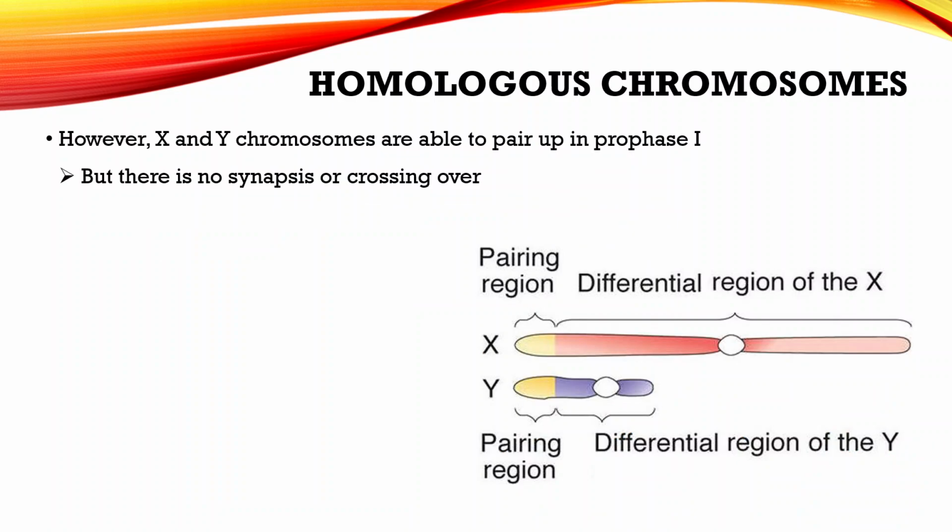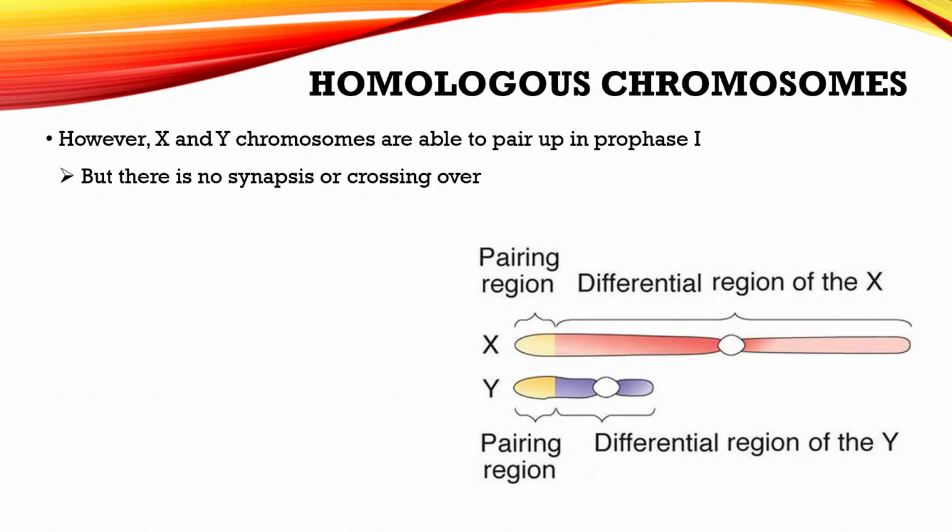This is just for your info. For those who are already more familiar with the process of meiosis and prophase 1, you would know that there is pairing of homologous chromosomes during prophase 1. If you are not familiar yet, you can look at the meiosis process and then come back to this slide, and it will make more sense.